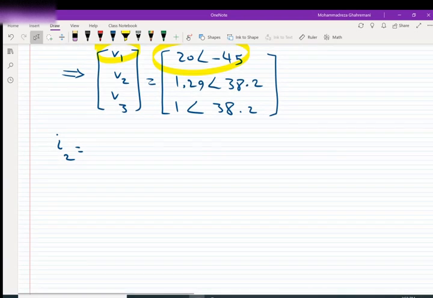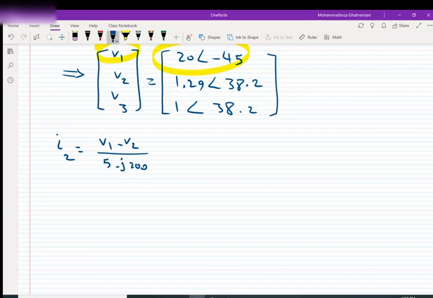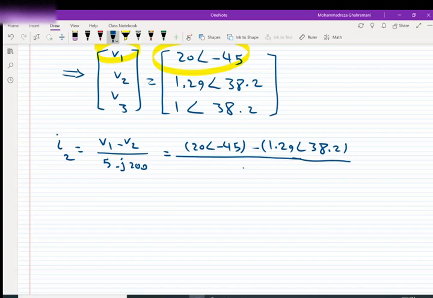So I2 is equal to V1 minus V2 over 5 minus J200, which is equal to 20 with the angle of negative 45 minus 1.29 with the angle of 38.2 over 5 minus J200.